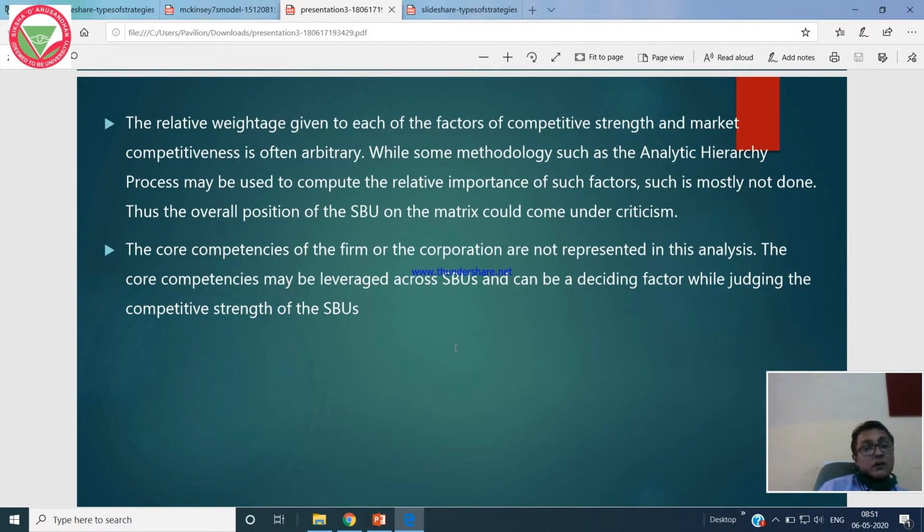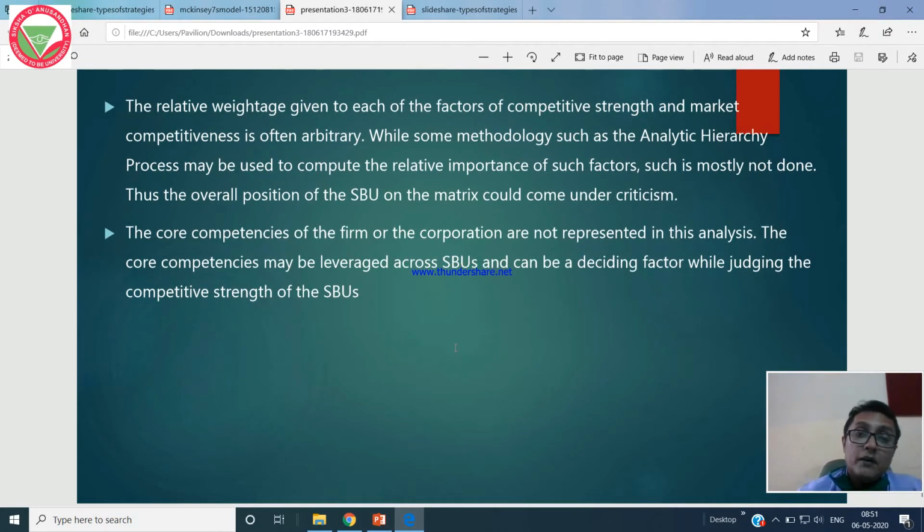The core competitiveness, in which particular field the company is doing well, what the various strengths of the company are, also has to be taken care of while designing these matrices. Otherwise, they will fail to represent the true position of the company in the market.